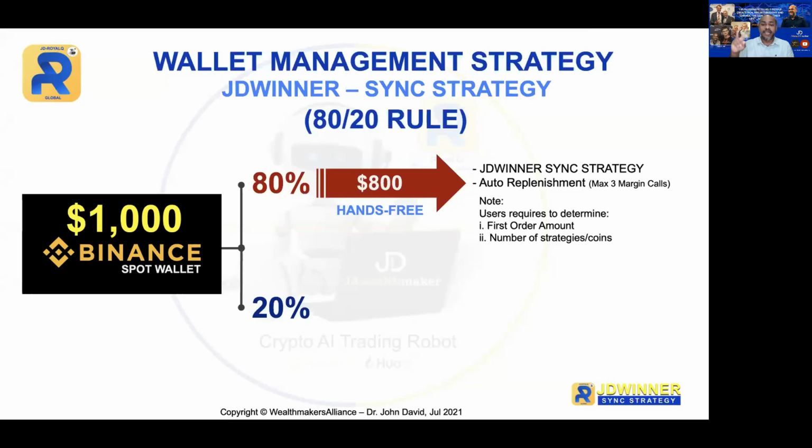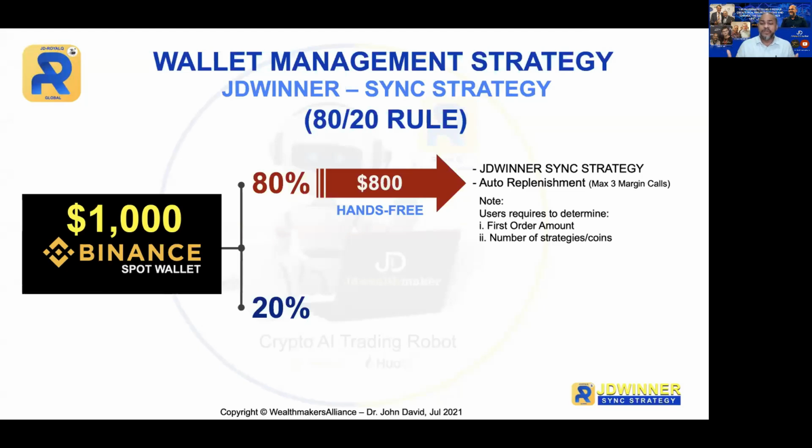So what you need to decide is only 2 things. As I mentioned to you earlier, you only need to decide the first order amount and the number of strategies or coins. Now, don't worry, I'm going to open up for the question and answer session later on, so don't worry about raising your hand. We will let you know very, very soon. I just want you to listen and understand how this whole strategy actually works.